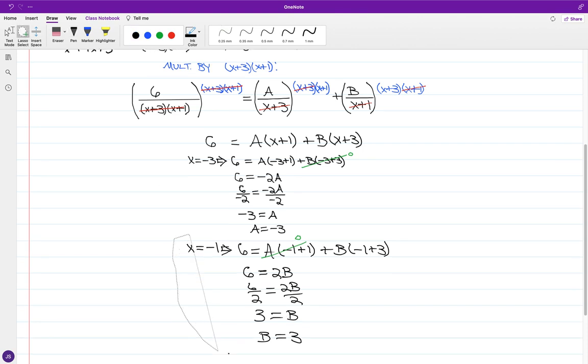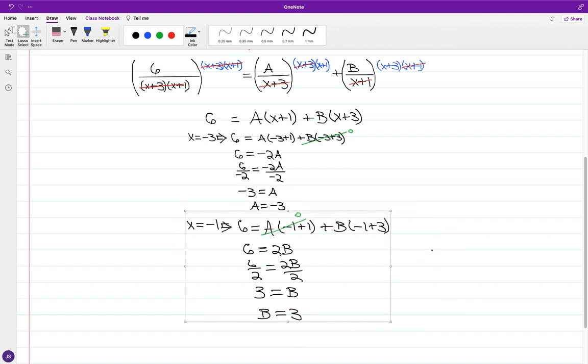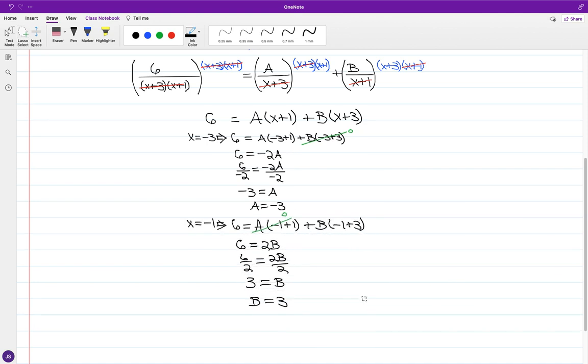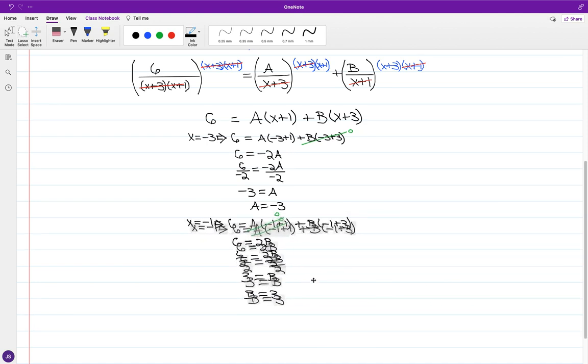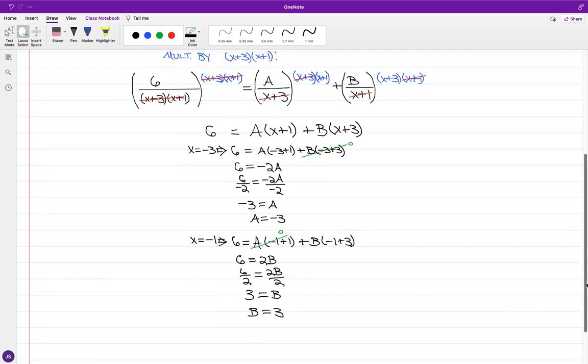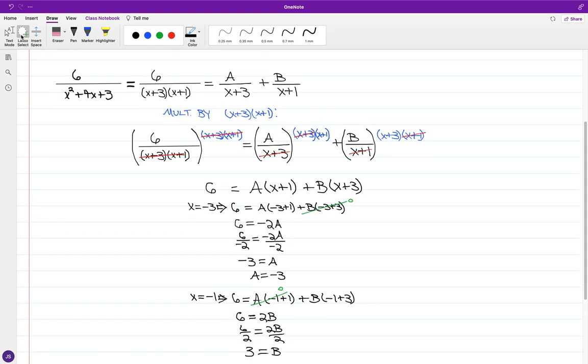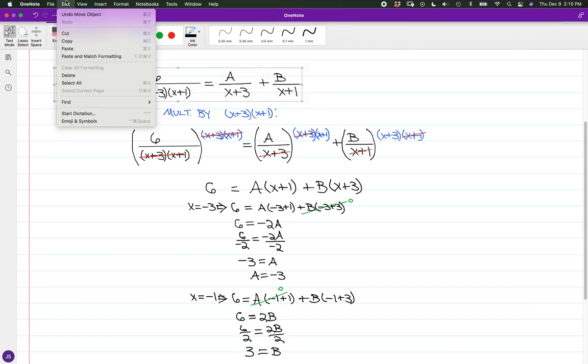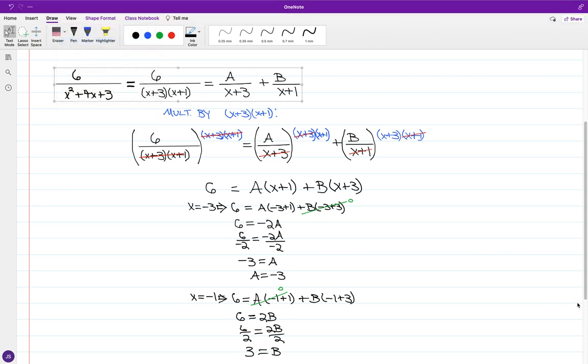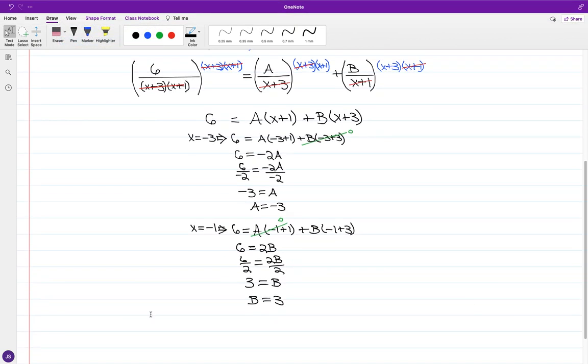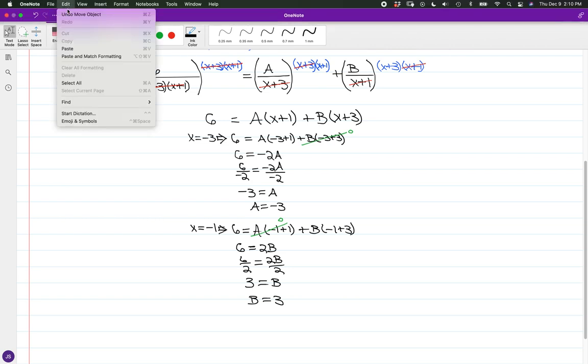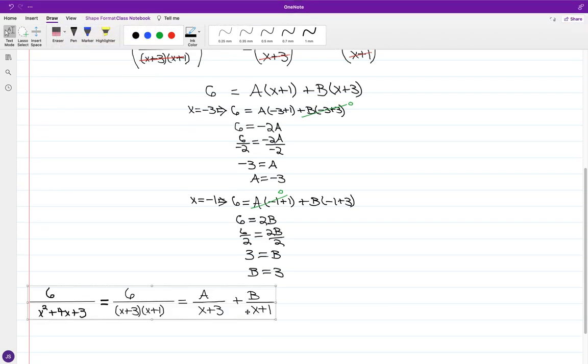And just looking at what we're going to have for the partial fractions. Again, we have a at -3, b at 3, with the partial fraction setup. So we had a over x plus 3 plus b all over x plus 1.